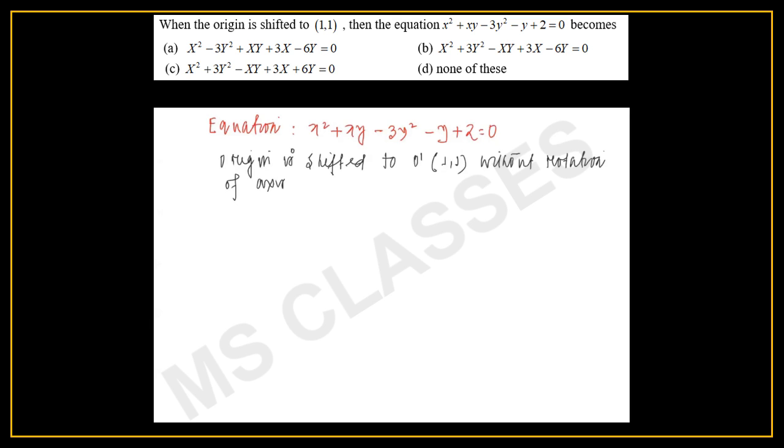So this point 1, 1, you can take as h comma k. Here we take P(x, y) as the coordinate of any point on the curve in the original coordinate system.